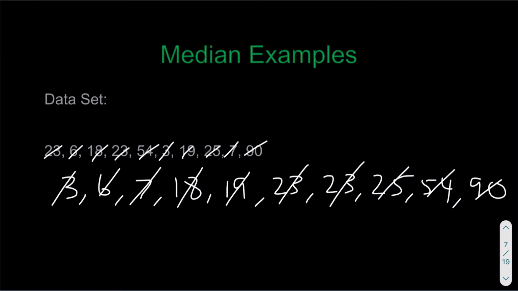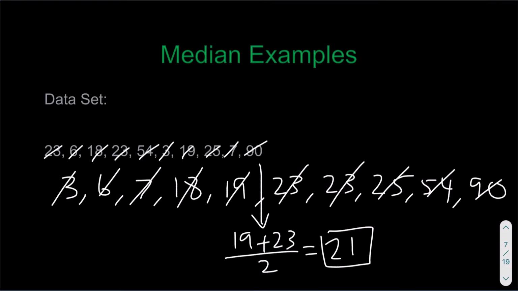So in this case, because the data set has an even number of values, we find the average between these 2 last numbers that we crossed out. In order to find the average, you add them up and divide by 2 because there's only 2 numbers there. And that is 21. And therefore, 21 is the median, or the center of this data set.